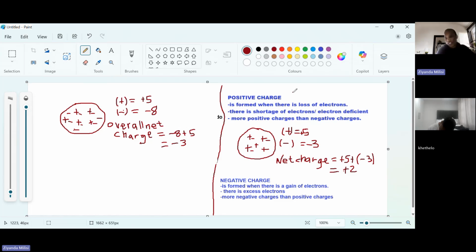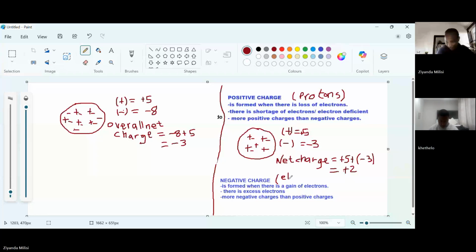Remember, positive charges are called protons. And if we talk of protons, where are they found? In the nucleus, at the center of the atom.